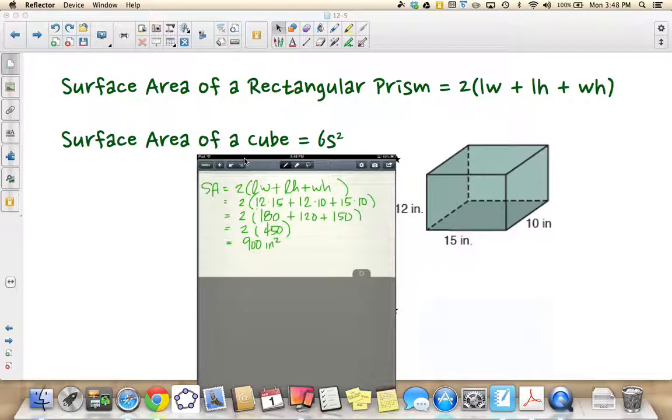The unit is very important. If you don't write down the unit, your answer will be wrong.